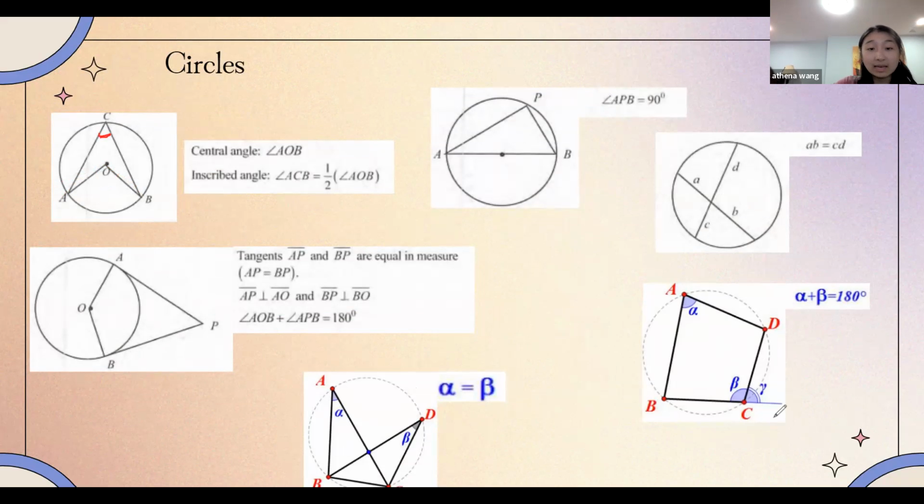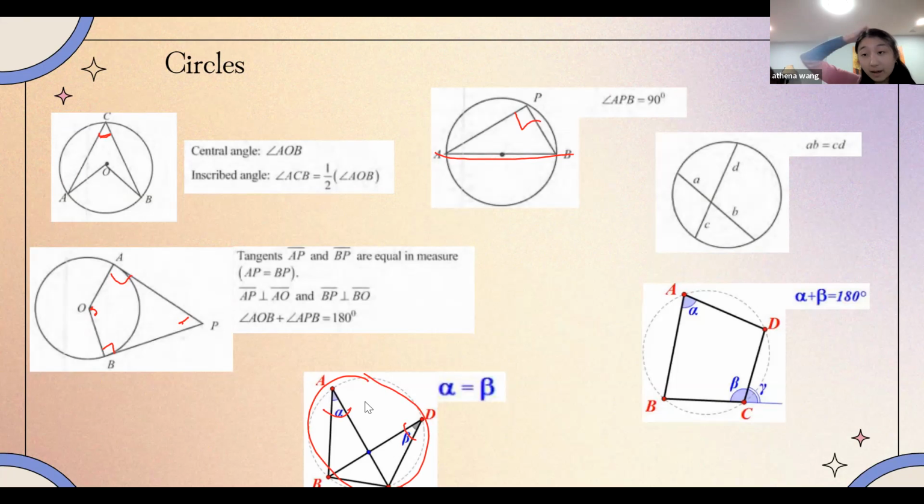Okay, if we have tangents, these are always 90 degrees, and the sum of the angle over here and that angle over there is always 180. If this is a diameter of the circle, this is 90 degrees. If we have a circle on the bottom here, we have that this alpha equals the beta because these are both inscribed angles of the same arc.